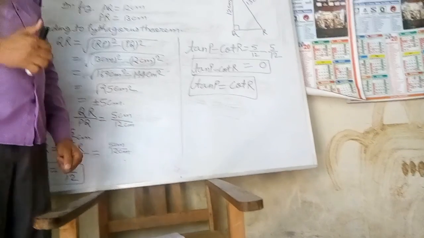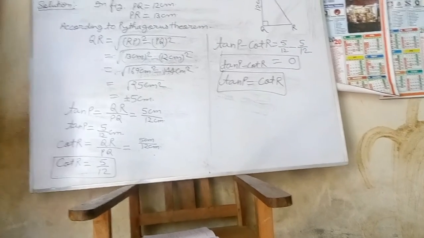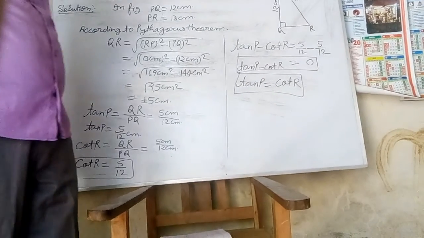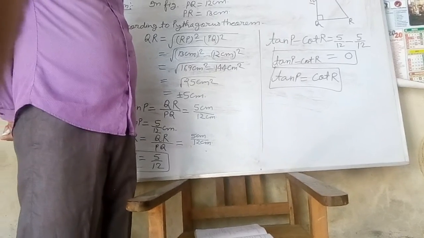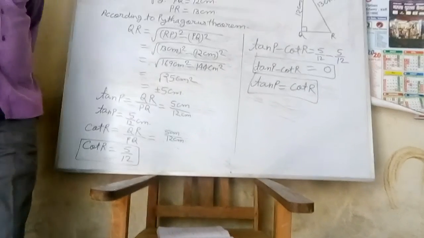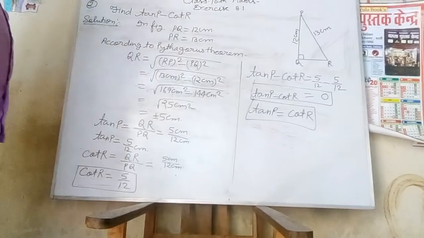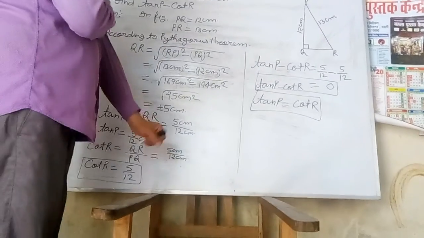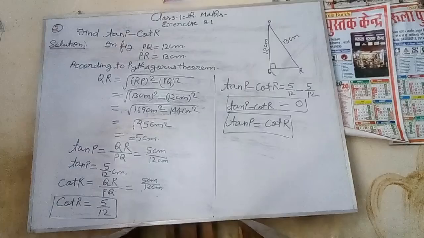Now next question. You are given that if sin A equal to 3/4, calculate cos A and tan A. So first we will erase it.